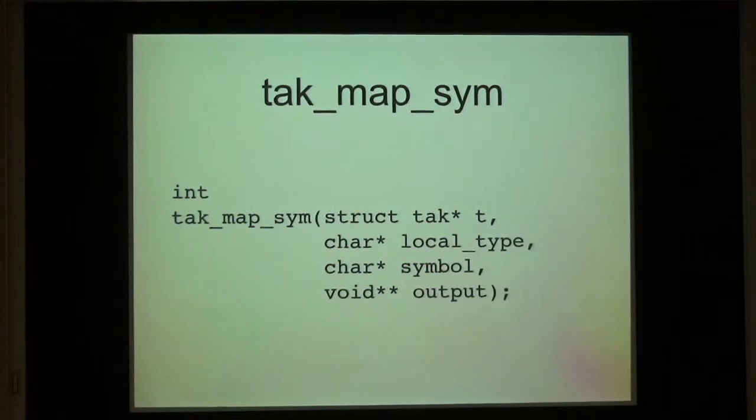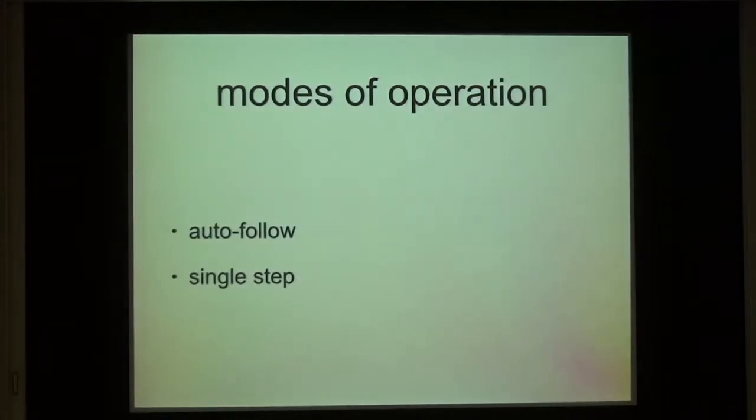The mapping procedure can have more modes of operation with regards to pointers. So either I can autofollow every pointer until I hit a null pointer, which can be a bit scary. And John Mark is very against this feature, although I find it really magic.